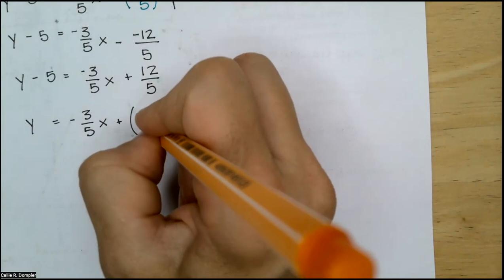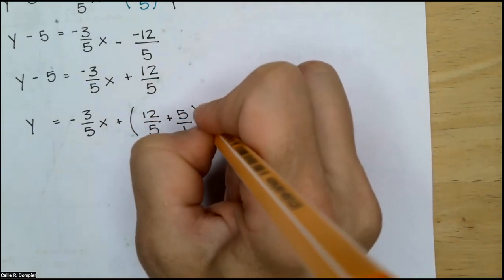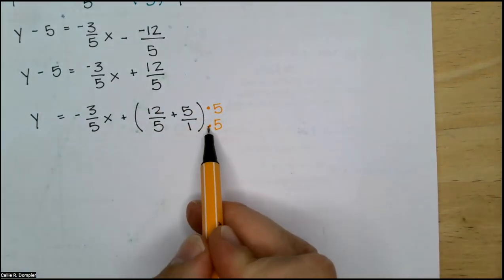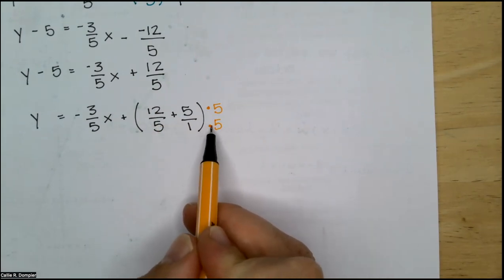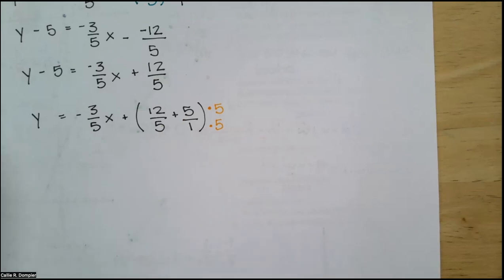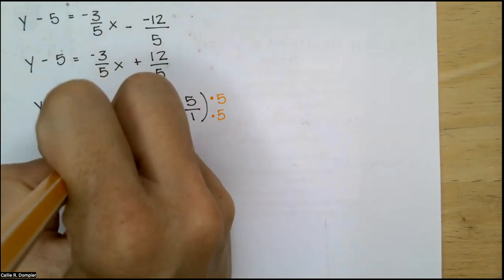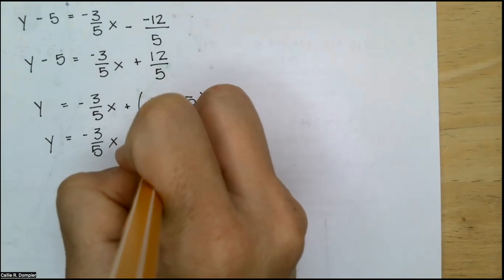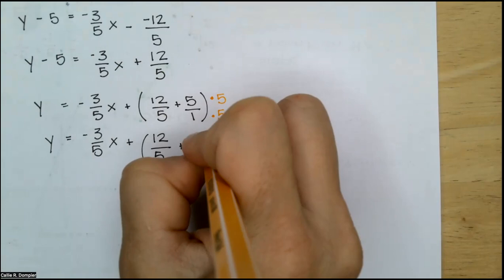How do I get a like denominator between 5 and 1? The common denominator is 5, or the least common multiple is 5. So I just multiply 1 times 5, and I'll get 5. That'll be a common denominator. And then anything I do to the bottom of the fraction, I also have to do to the top of the fraction. Y equals negative 3/5 x plus 12/5. 5 times 5 is 25.